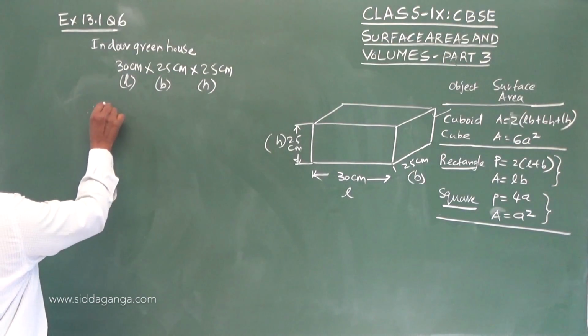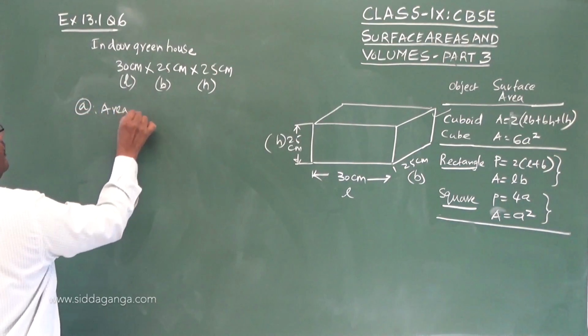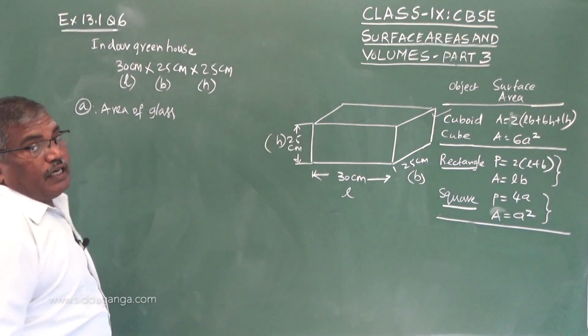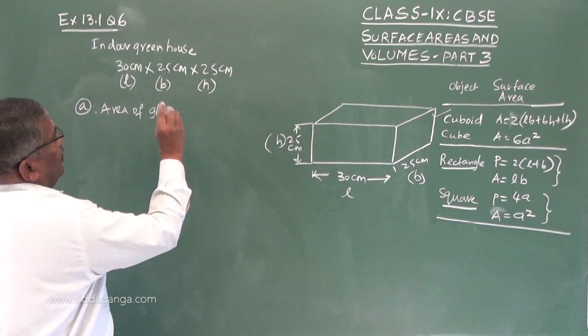So the area of glass, question A, is nothing but the total surface area of a cuboid.